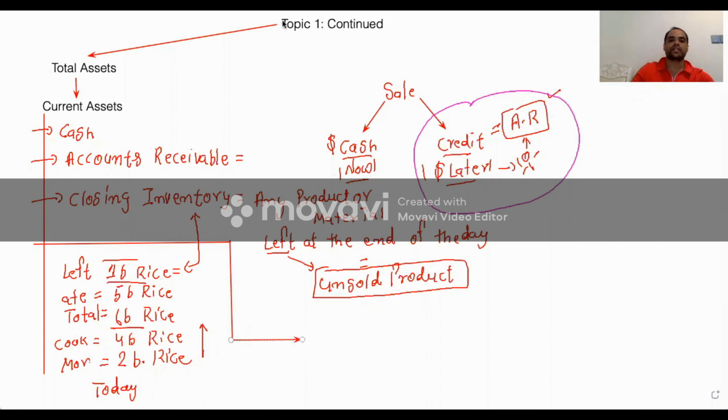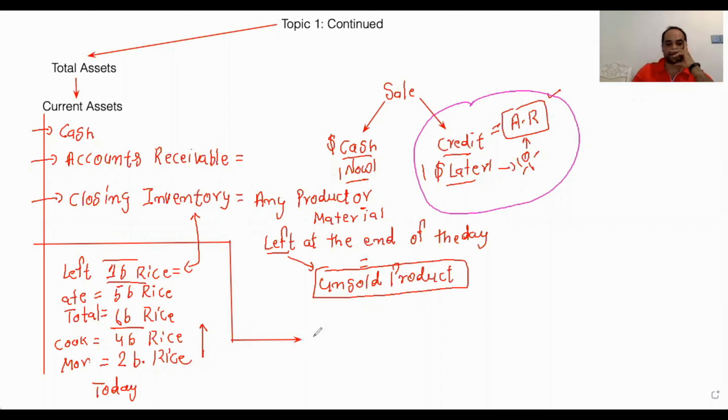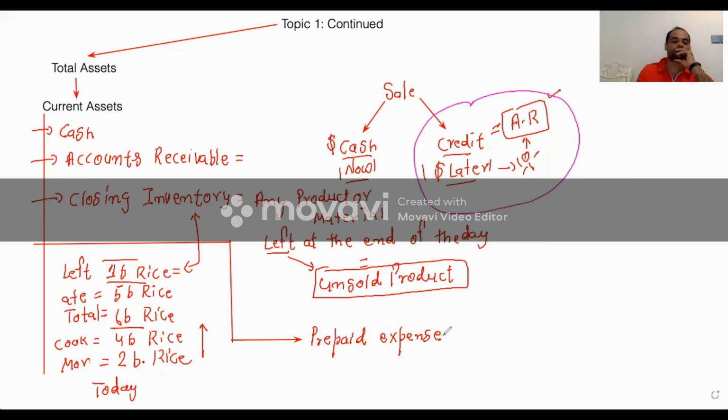The next current asset is a prepaid expense. Now, what is the meaning of prepaid expense?